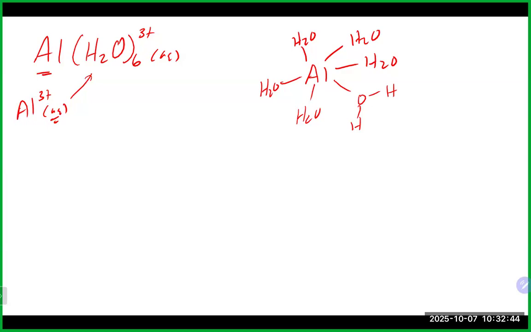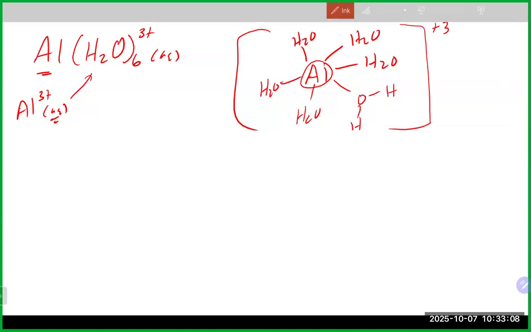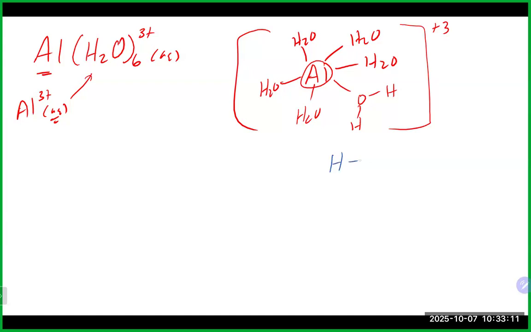In this particular case, what we have going on is an overall charge of +3. And that +3 charge is coming from the aluminum, which is positively 3 charged. Each of the waters are neutral in this case, right? Obviously. So what happens in this situation is when you have this type of arrangement, another water by itself, the regular old water rolling through, can actually pluck off the hydrogen.